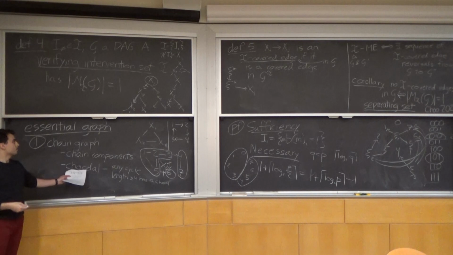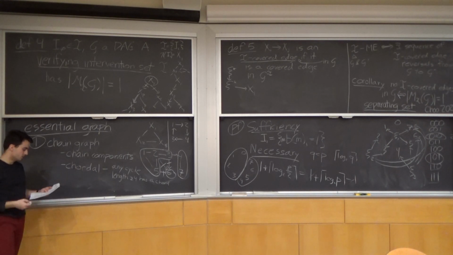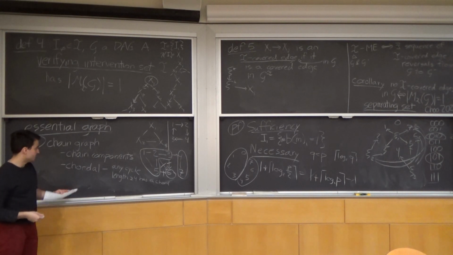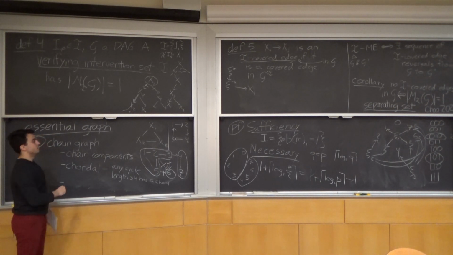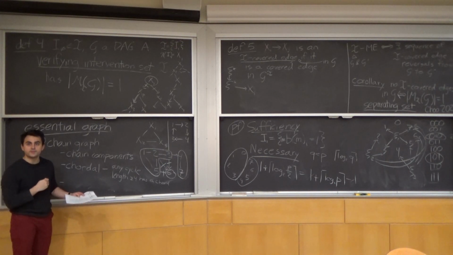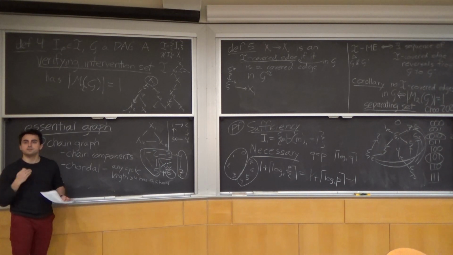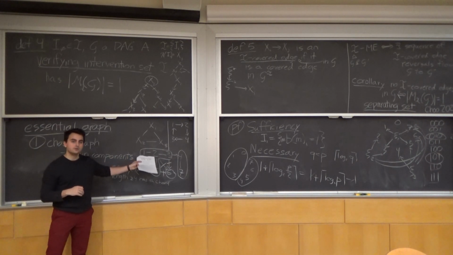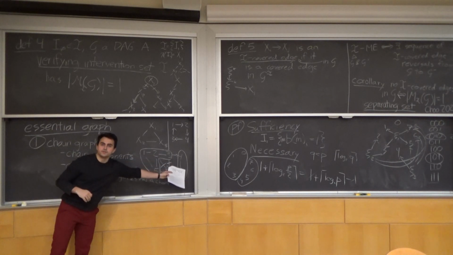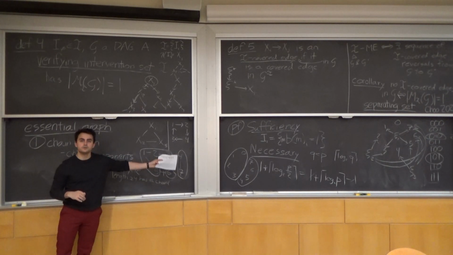So this is why these essential graphs have chordal chain components. And then the last fact is that the orientations within each component are logically independent. So if I orient the edge from 1 to 2, it can't help me orient the edge between 4 and 7.